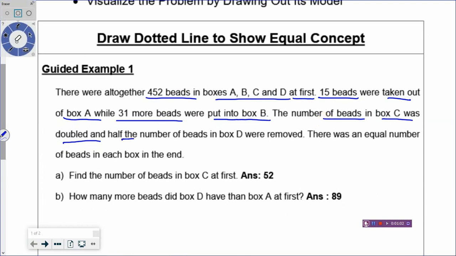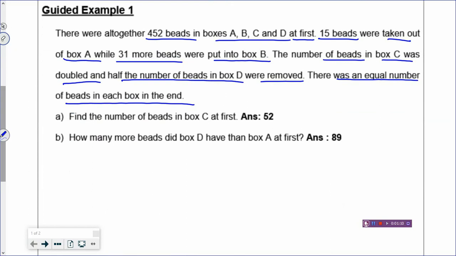And half the number of bits in box D were removed. And then there was an equal number of bits in each box in the end. So this sentence shows the equal concept: equal number of bits in each box in the end.